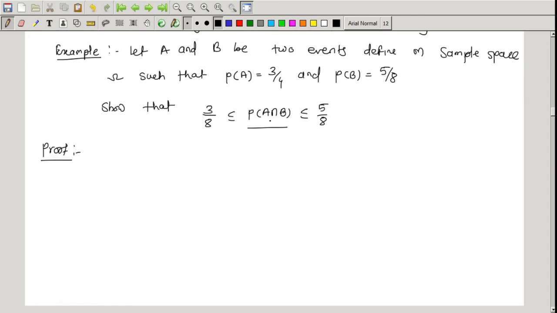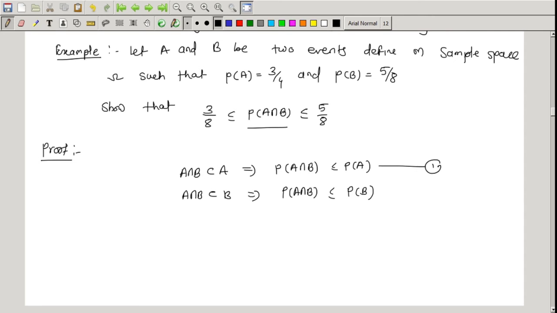So given part is A intersection B. So we write this as A intersection B is always a subset of A. So this implies probability of A intersection B is less than or equal to probability of A. And A intersection B is always a subset of B. So this implies probability of A intersection B is less than or equal to probability of B. So this is my equation number 1.